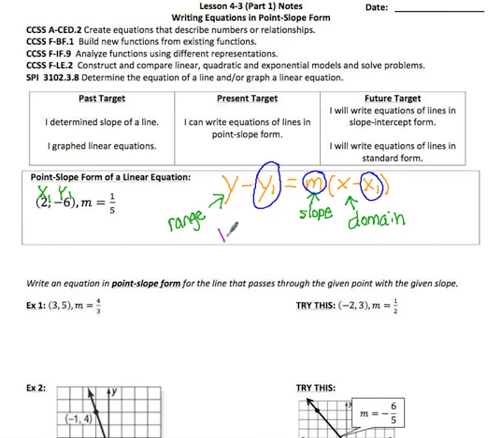We get y minus, and that is minus a negative 6. Be real careful, and we'll practice more with this. So I get y minus a negative 6 equals, and the slope is 1/5. And then notice I have a parenthesis, quantity of x minus the x value, which is 2.